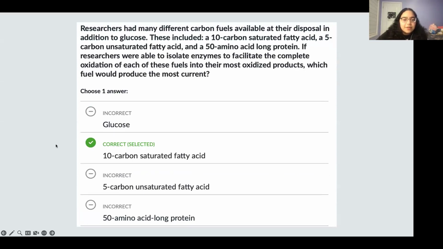The 5 carbon fatty acid and the glucose are smaller. For the 50 amino acid long one, there's less energy in those bonds. Those CH bonds can undergo the most oxidation. So that would be why it's the 10 carbon fatty acid.